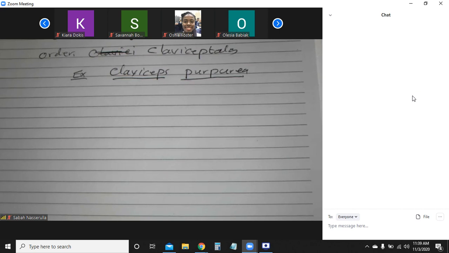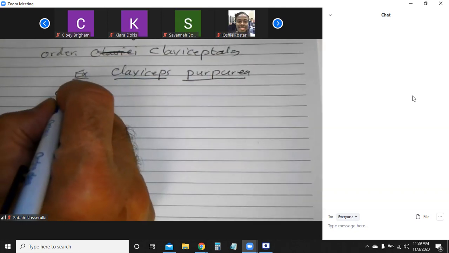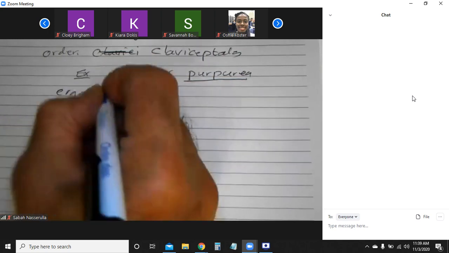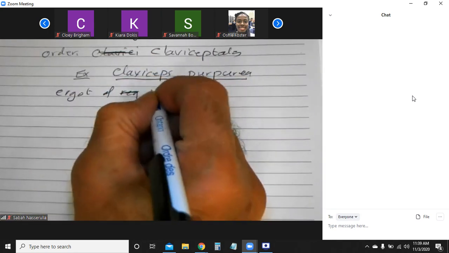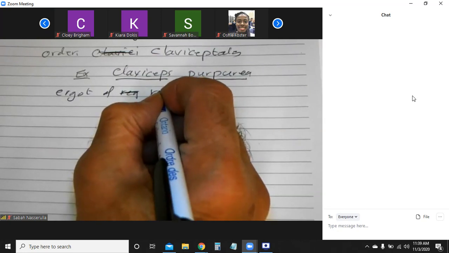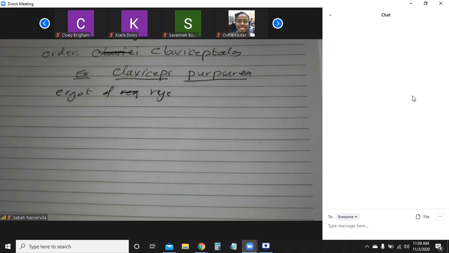And this order comprises a group of highly evolved and sophisticated obligatory parasitic fungi. And also this Claviceps purpurea is the cause of what's called ergot, ergot of rye, which is the main host.